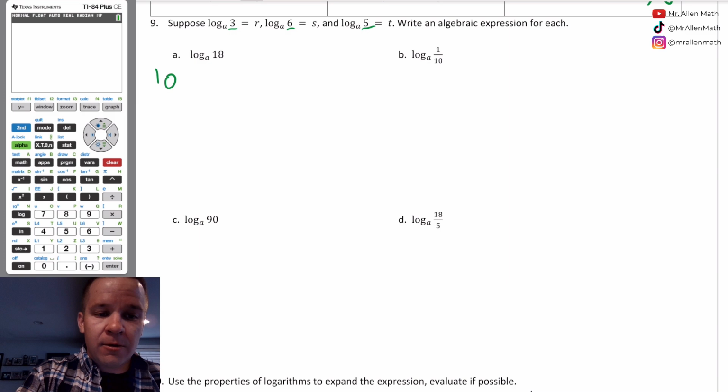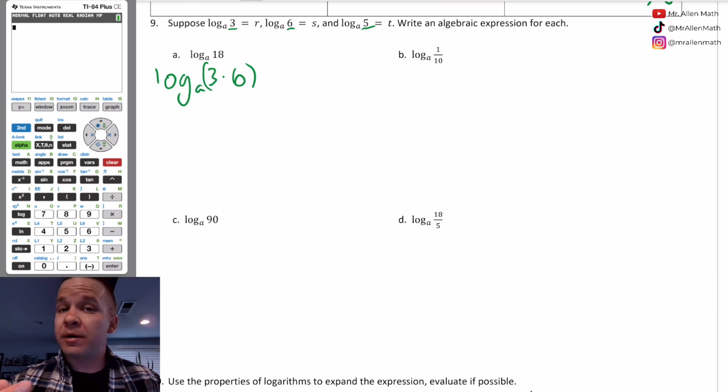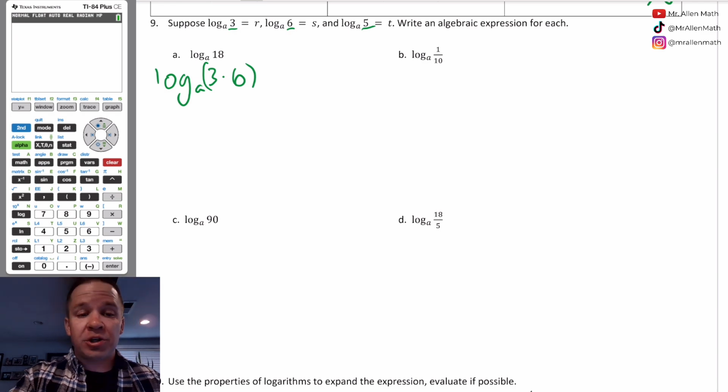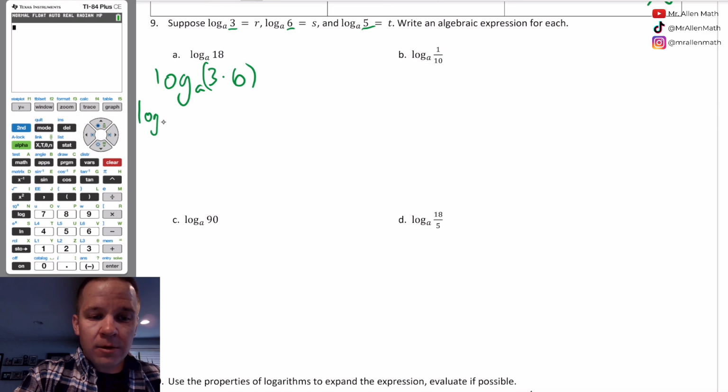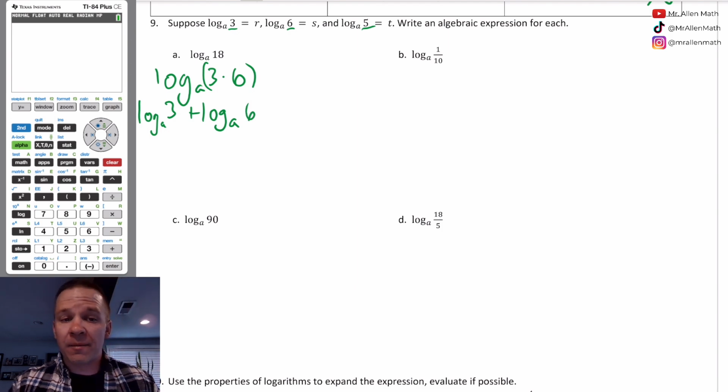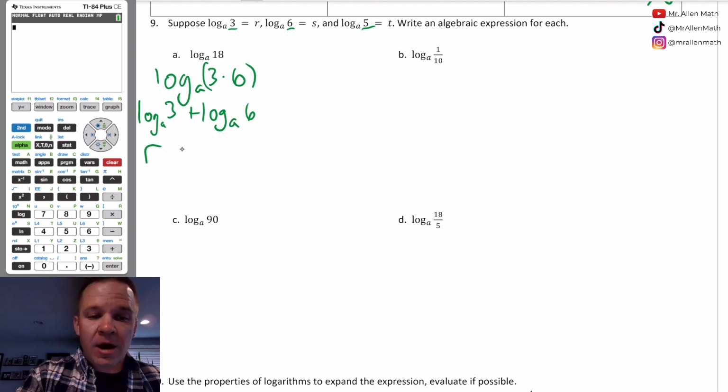So I'm going to write log base a of 3 times 6. That's in my argument of that log. Multiplication expands to addition. So I'd have log base a of 3 plus log base a of 6. Well, what's log base a of 3 equal to? It equals r. What's log base a of 6 equal to? It's s.